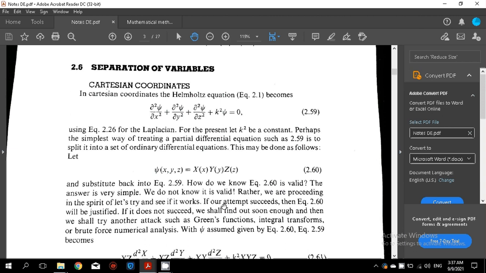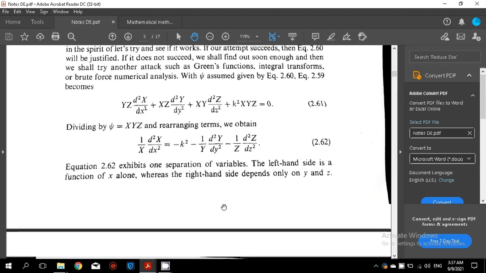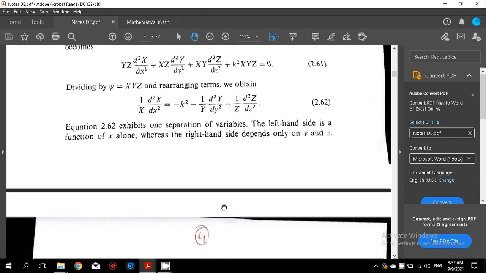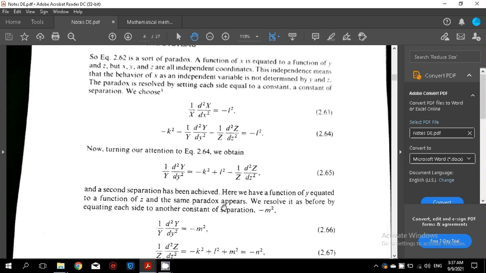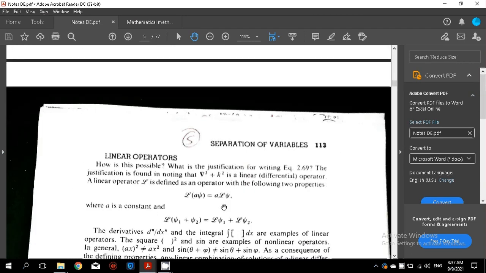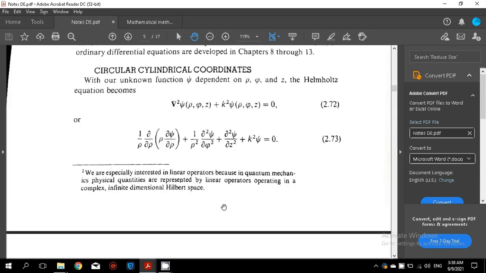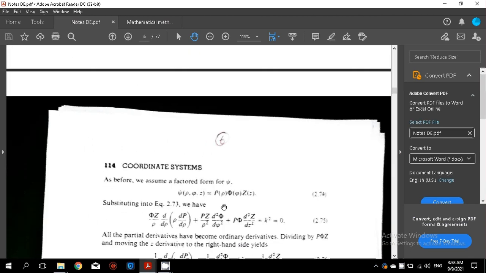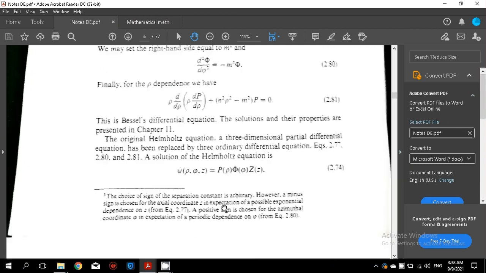So let me now jump to the separation of variables in spherical polar coordinates. This is the separation of variables in cylindrical coordinates, and next will be the separation of variables in polar coordinates.